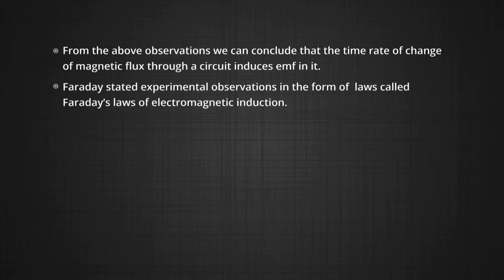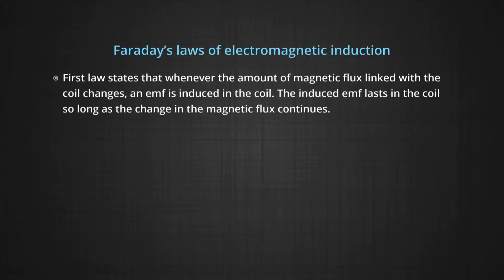Faraday stated experimental observations in the form of laws called Faraday's laws of electromagnetic induction. Faraday's laws can be stated as follows. The first law states that whenever the amount of magnetic flux linked with the coil changes, an EMF is induced in the coil.